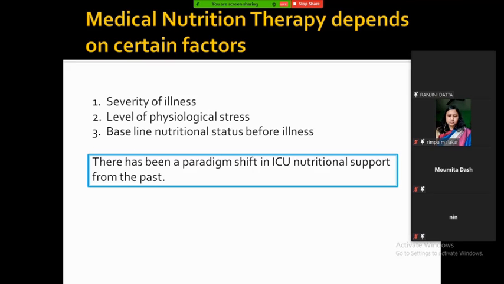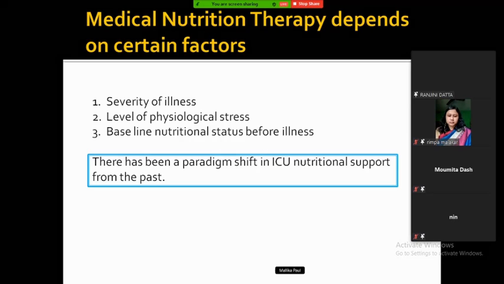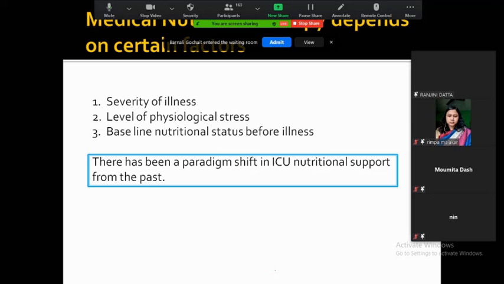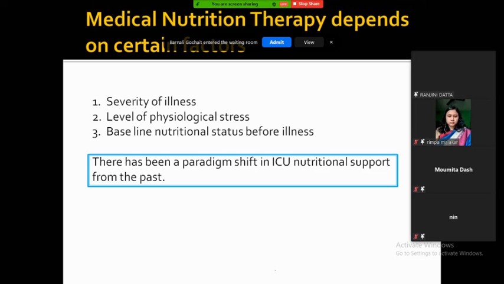For the clinician, assessing the level of physiological stress of the ill patient is done by certain standard scoring systems, for example, APACHE II and APACHE III, which is Acute Physiology and Chronic Health Evaluation scoring, the Injury Severity Score or ISS, and the Abdominal Trauma Index or ATI scoring.